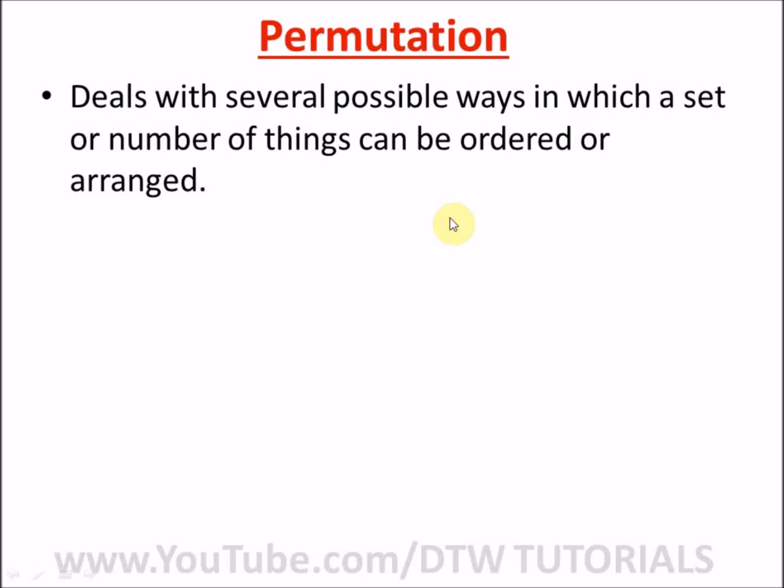So in your exam, when you see arrange a particular set of things, it's talking about permutation, because in the JAMB syllabus we have permutation and combination. While permutation deals with arrangement, combination deals with selection of some things from a set of things.